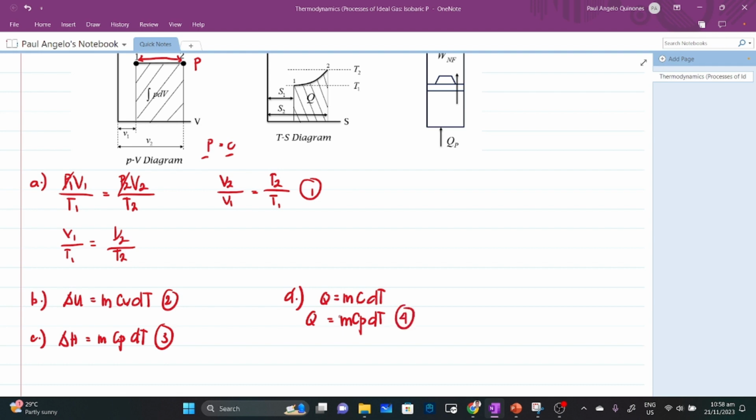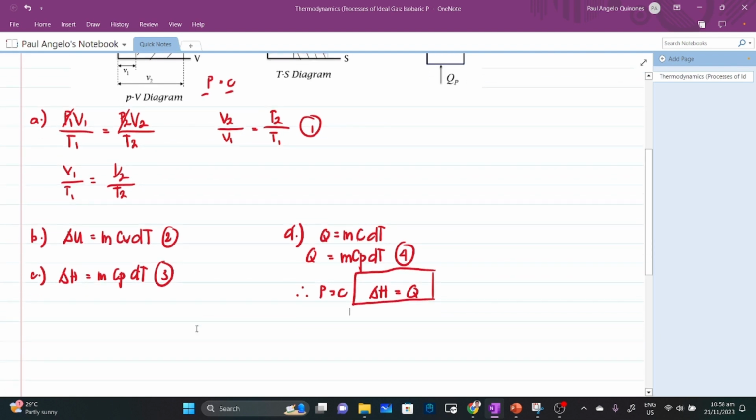This is equation number 4. As you can see, equation number 4 and equation number 3 are equal to each other. Therefore, we can conclude that in the isobaric process, the enthalpy is equal to the heat. So that is our first conclusion.